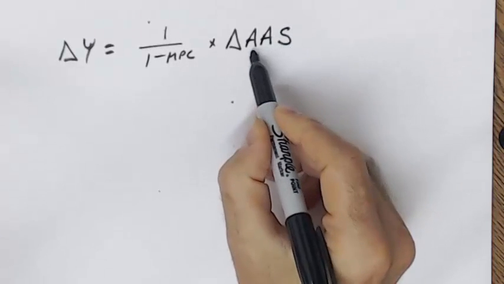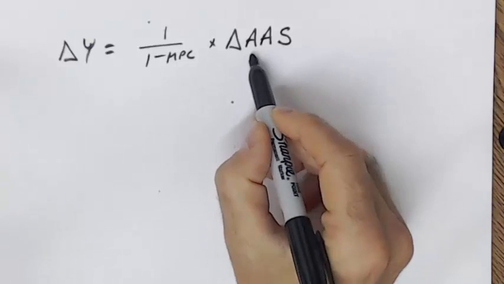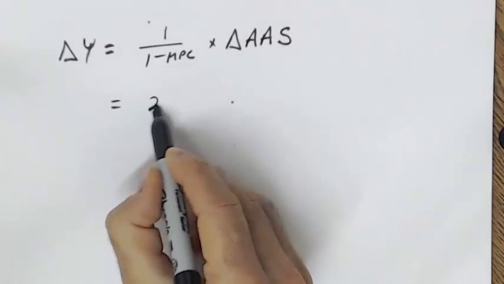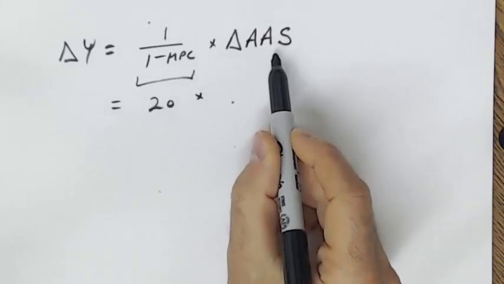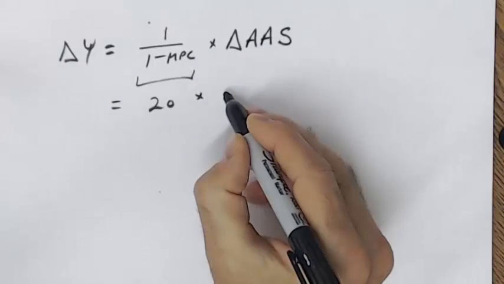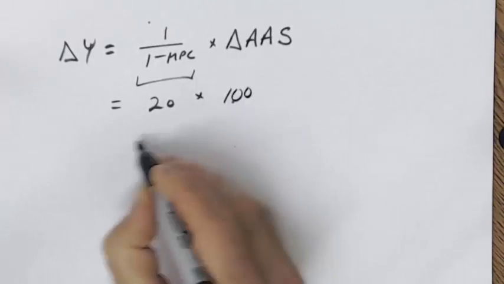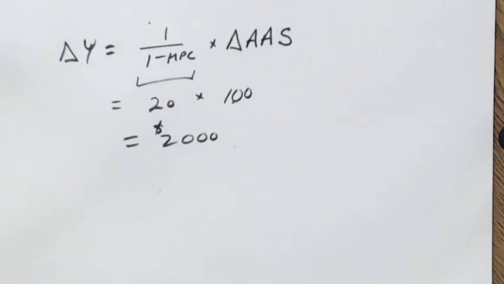Okay, so that's autonomous aggregate spending. And so this multiplier is 20 times the initial change in what we call autonomous or exogenous, outside the model, change of $100. And in total we're going to get $2,000 of economic impact from that $100 initial spending of money. And so, wow, look at that.